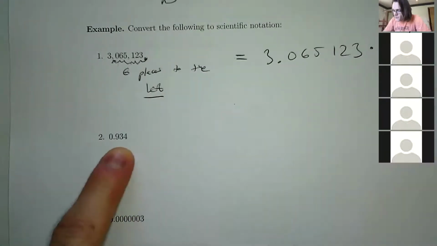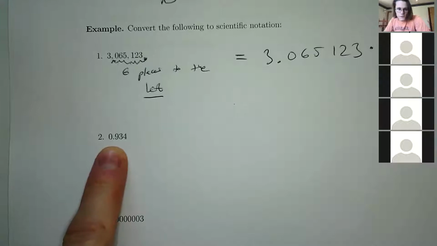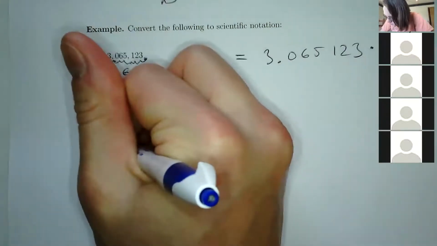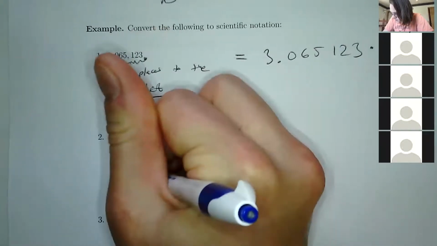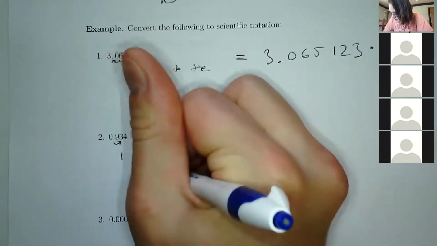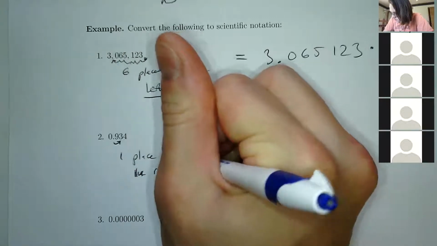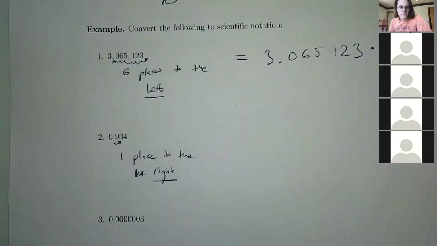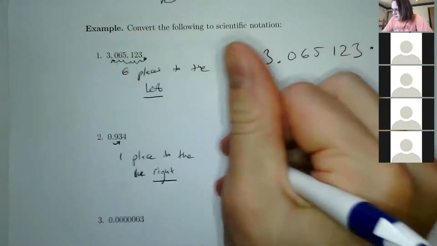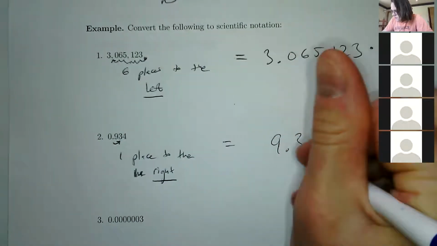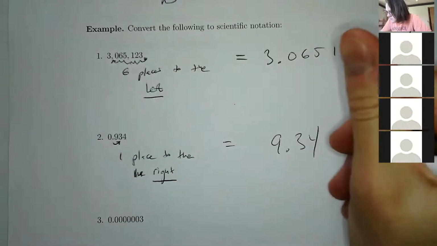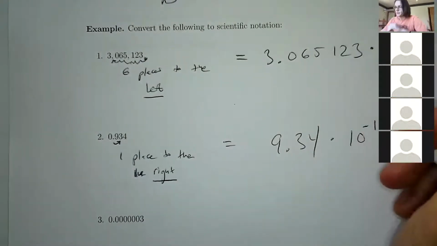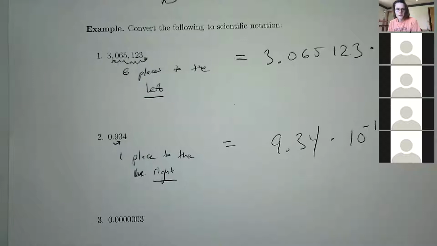So here, for instance, it's 0.934. So if I move the decimal place to the right one, then I can write it as 9.34, and I moved to the right once, so I'll do times 10 to the minus 1. And now it's in the right form, right?